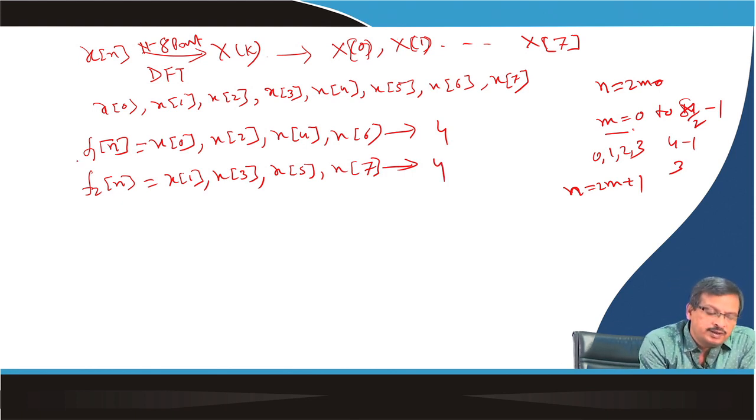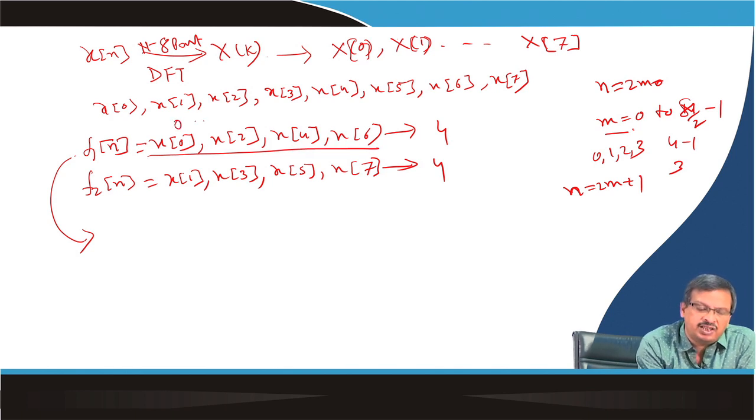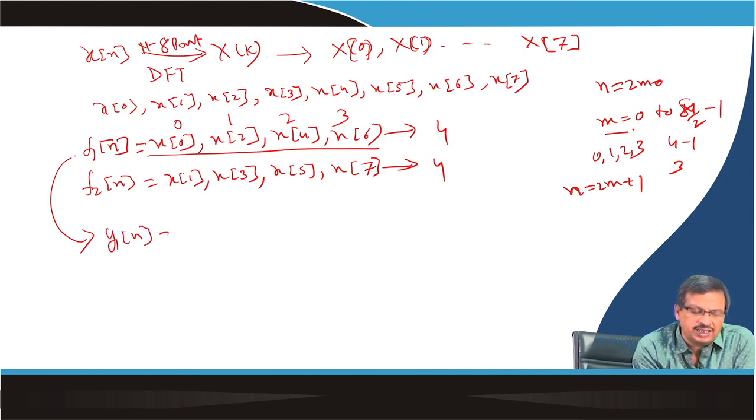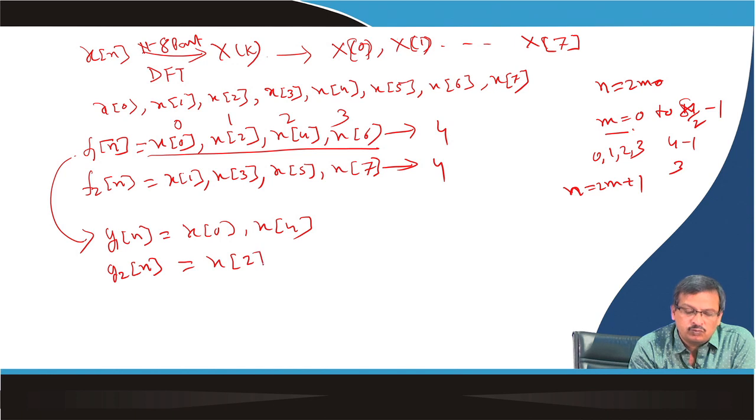Now, again this f1 can be treated as a sequence whose index is 0, 1, 2, 3. So, again I divide it into g1, which is even, and g2, so f1 is divided into g1 and g2. So, g1, the even sequence, if I consider 0, 1, 2, 3, will be x0 and x4. g2 will be x2 and x6.